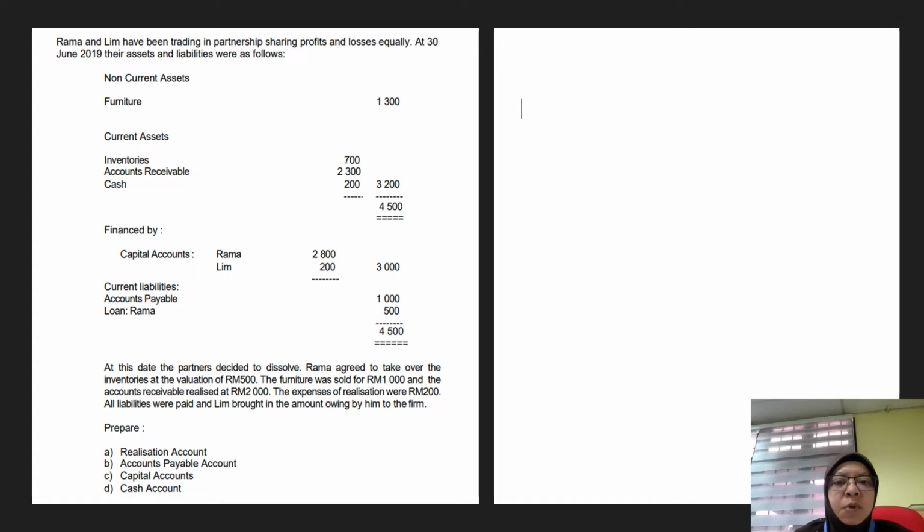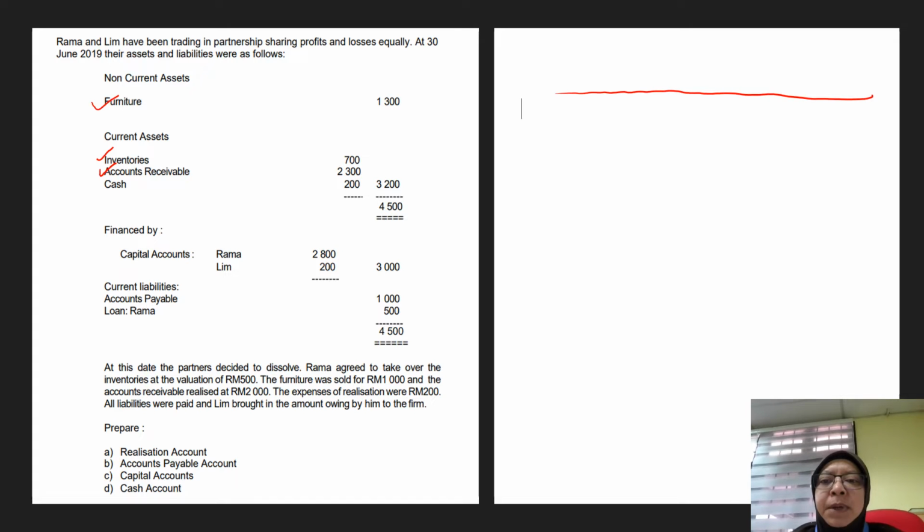Okay, so if you look at the next example, suppose we have this situation. In the first step, we will close all the asset accounts. Here we have furniture, inventories, and account receivable. Suppose we open a realization account.